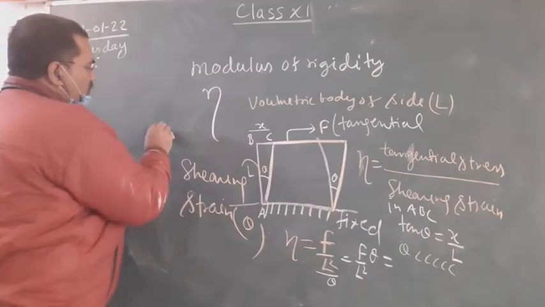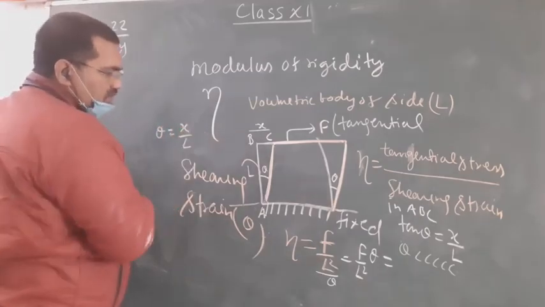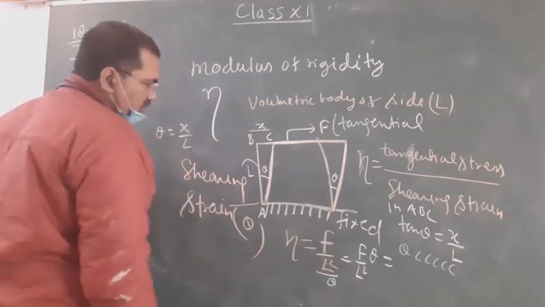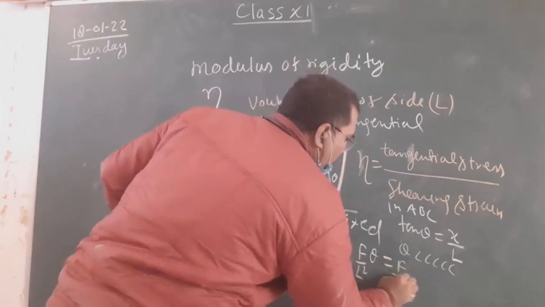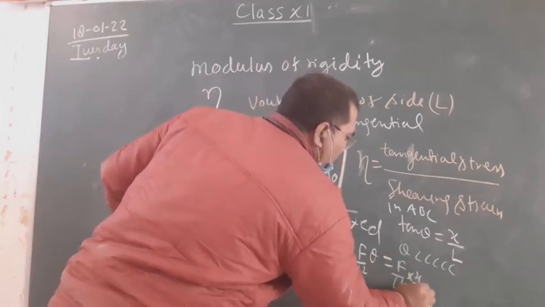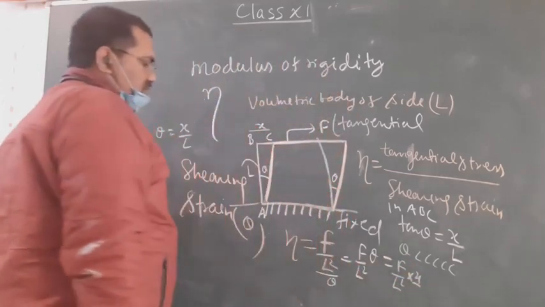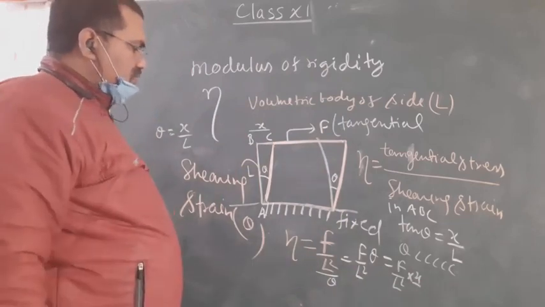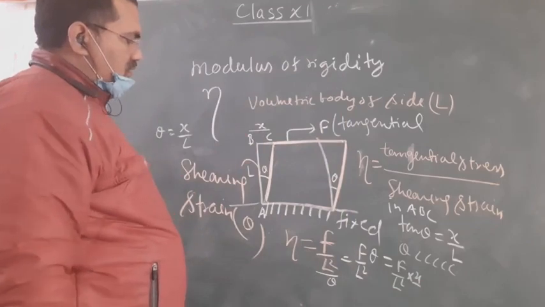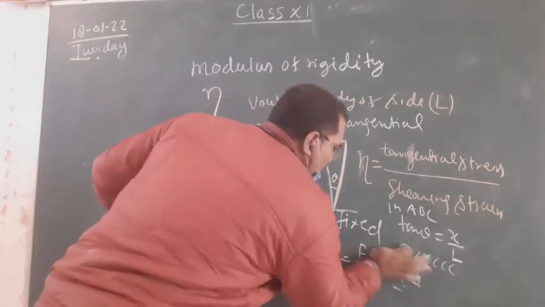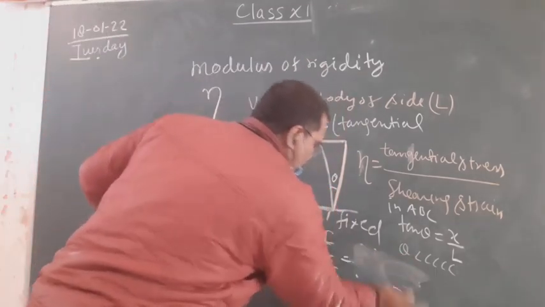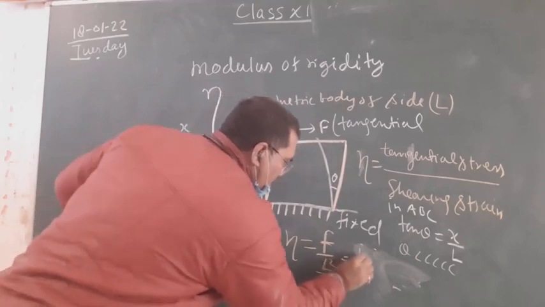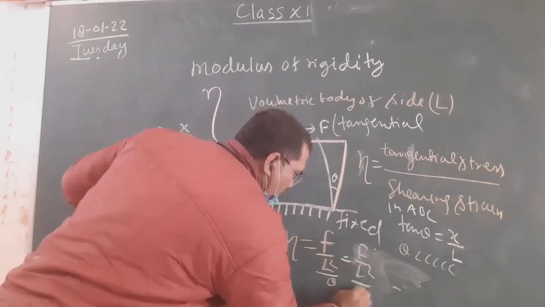So theta equals x by L. So put this value here. We'll get F upon L square upon x by L.